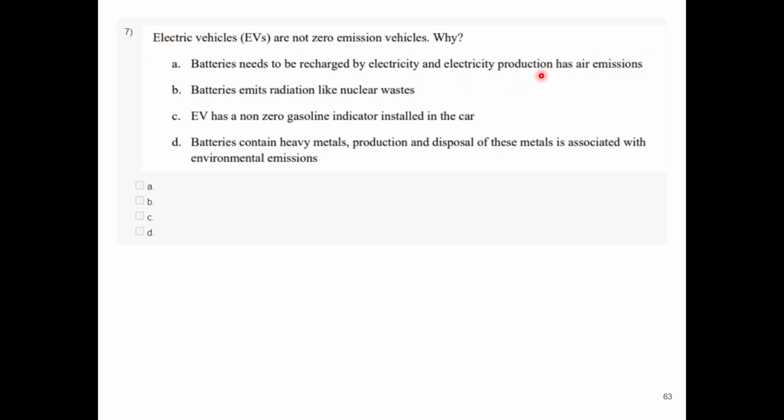This is correct because most of the electricity production is still from non-renewable resources such as thermal power till today. So A is correct, and batteries contain heavy metals, so that is correct. Lead is there, and the production and disposal of these metals is associated with environmental emissions, so that is also correct. So D is correct. So A and D are the correct options.